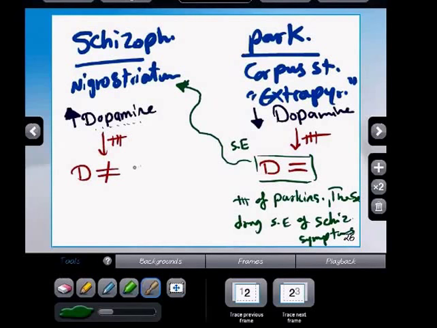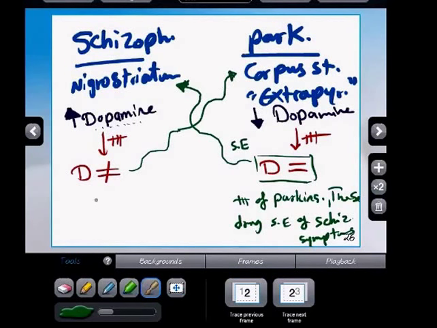And the opposite: when you treat schizophrenia by giving a dopaminergic blocker, it decreases the dopamine to treat the schizophrenia, and this decrease in dopamine can lead to Parkinson's symptoms.